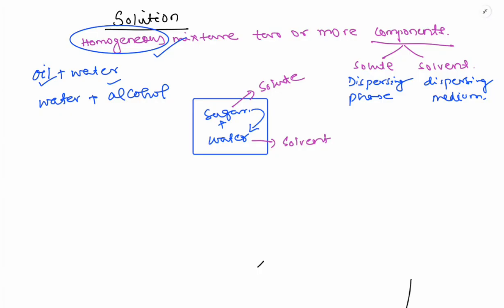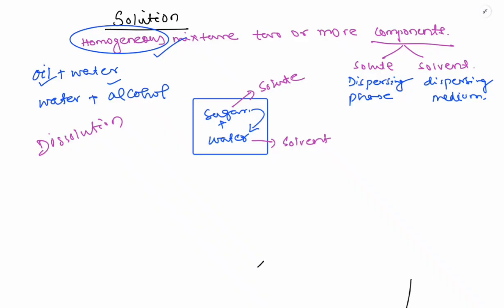The process of making that solution is called dissolution. Remember that the phenomenon of preparing solution is called dissolution. Now we understood what is solute, what is solvent, and what is solution.